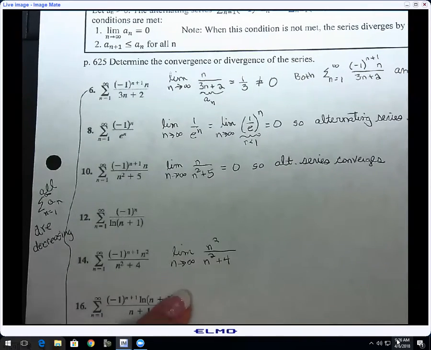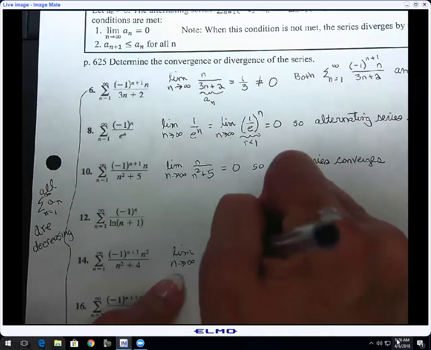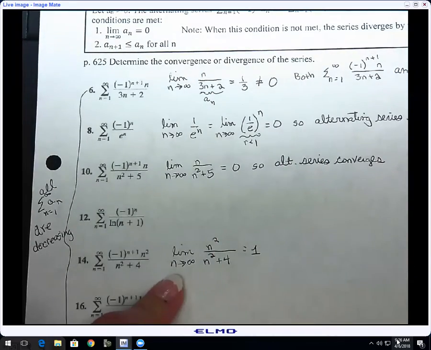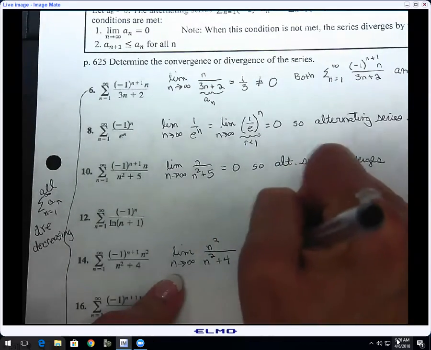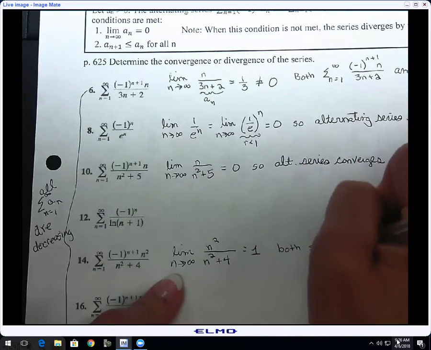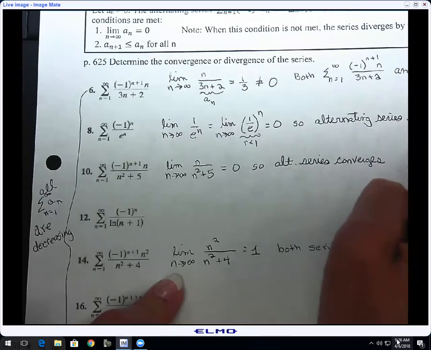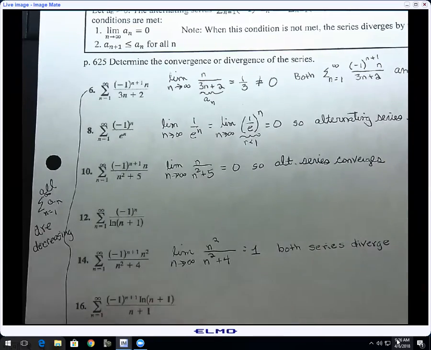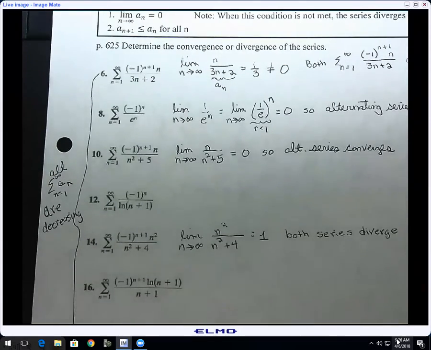What's that limit? 1. What does that tell you? Yeah, both series diverge when that fails the nth term test.